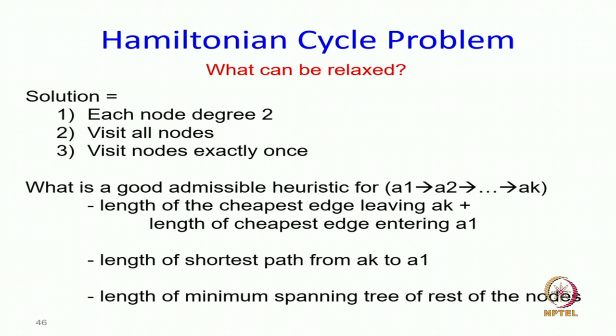But will the original solution, the path from AK to A1, also be a solution in the minimum spanning tree problem? Will it also be a spanning tree? It is a spanning tree, it is spanning every node. It is not necessarily the minimum spanning tree. So, the minimum spanning tree cost will always be less than the cost of the path from AK to A1. So, that is the intuition of how you come up with admissible heuristics. It is a very general intuition, it is a very valuable intuition.